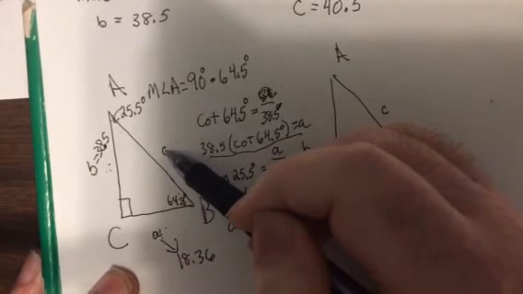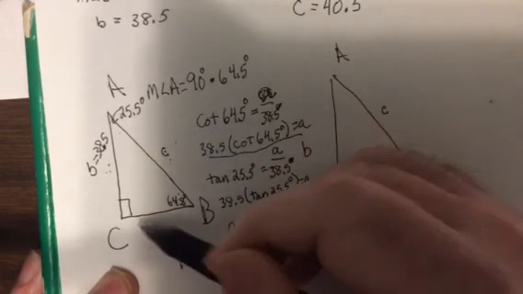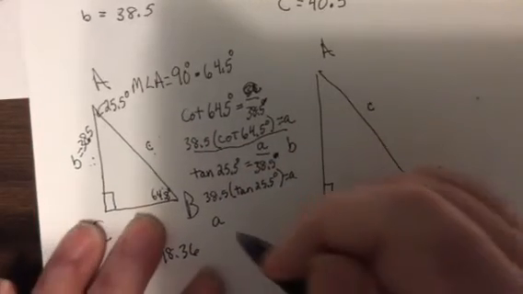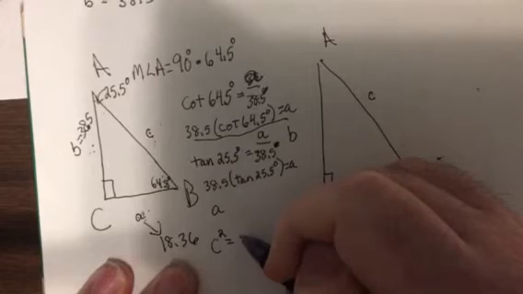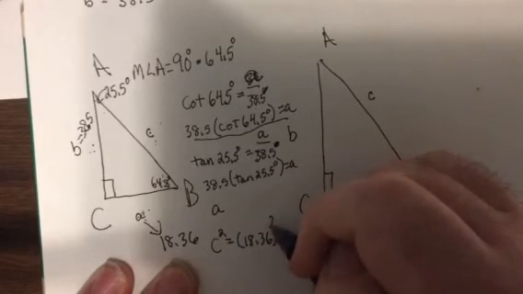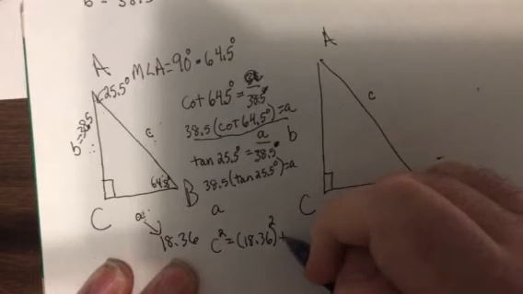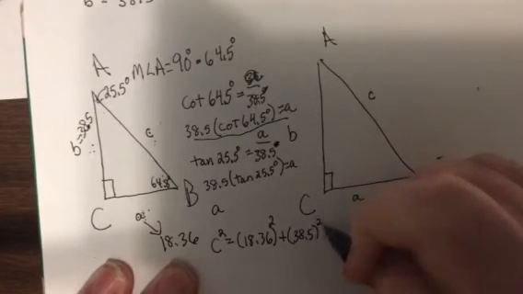Let's find C. Now, I could use Pythagoras. So to find C, I'd go C squared equals 18.36 squared plus 38.5 squared, and then use a calculator.